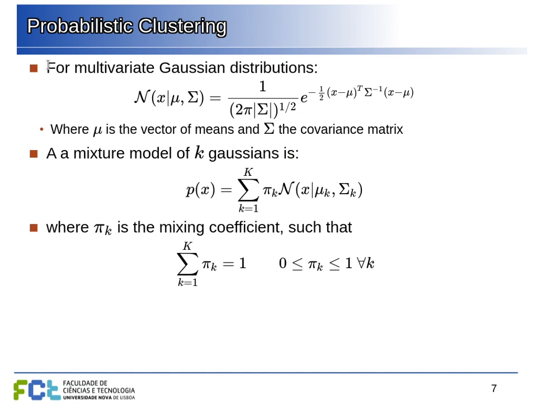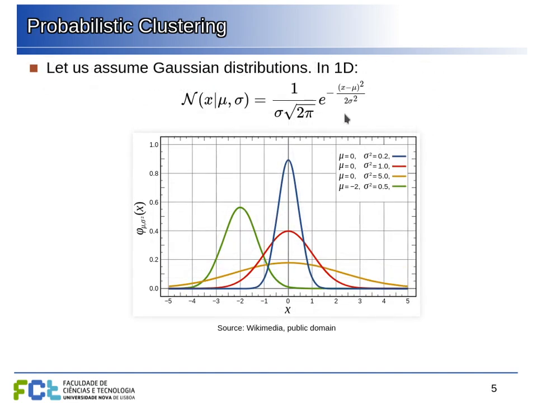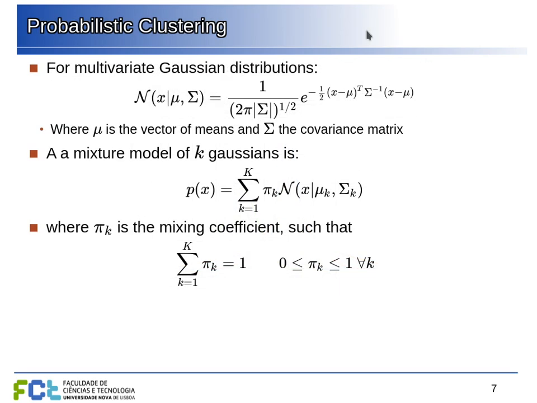For multivariate Gaussian distributions, that is, this example here is only for a single dimension, but if we have several dimensions, instead of having just one value for the standard deviation, we have this covariance matrix, which is a square matrix with the same number of rows and columns as the dimensions, and this is how we compute the spread in different directions.